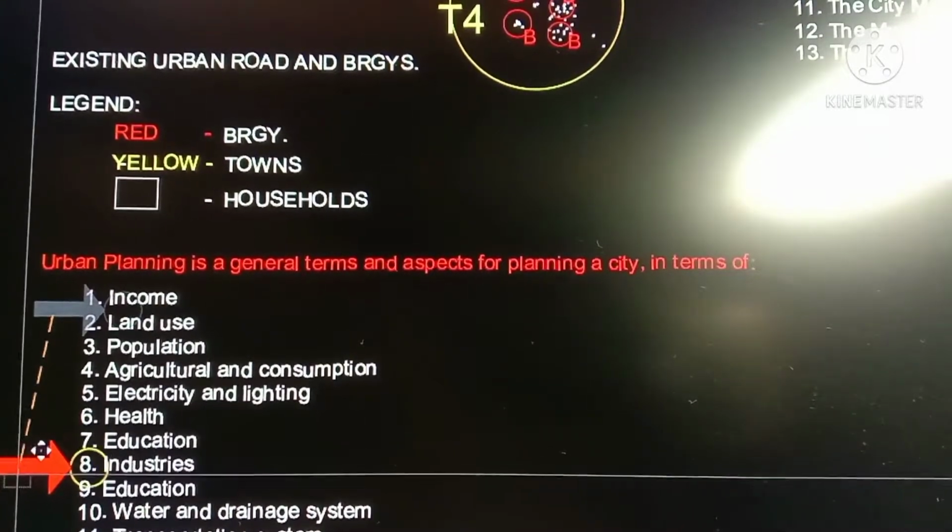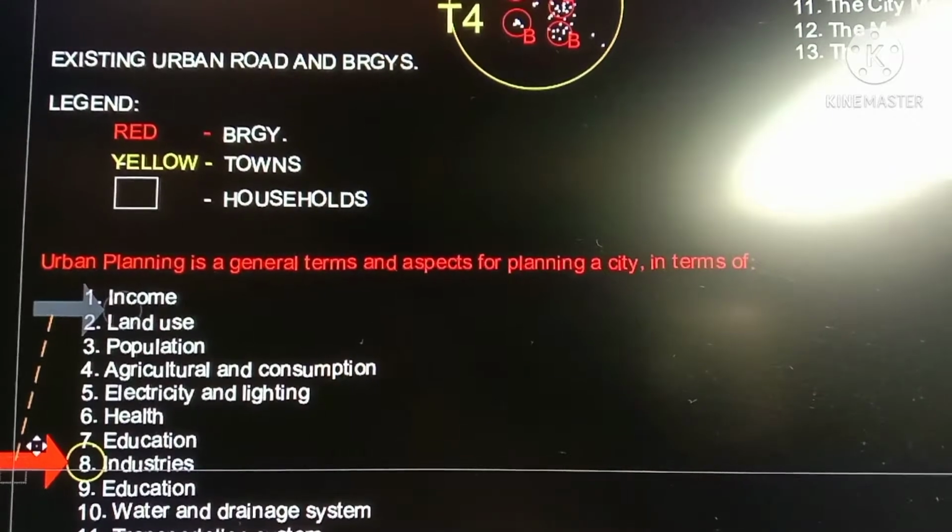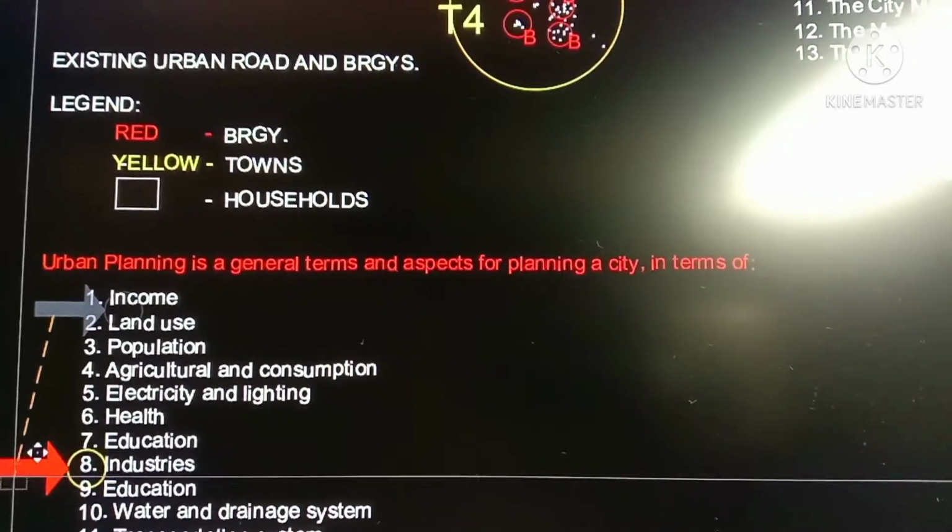Next one is industries. A city also has an industry. What is the industry?